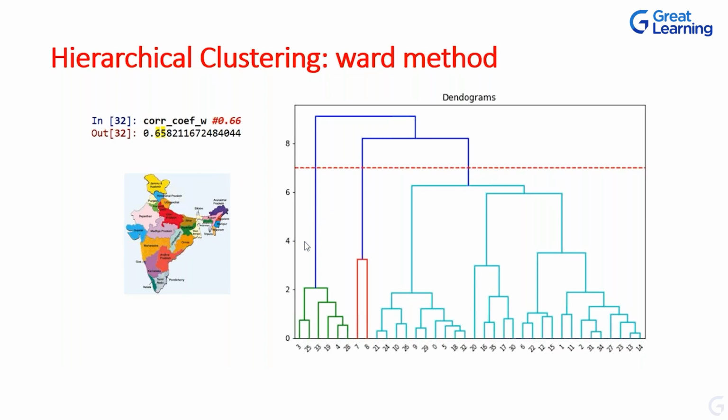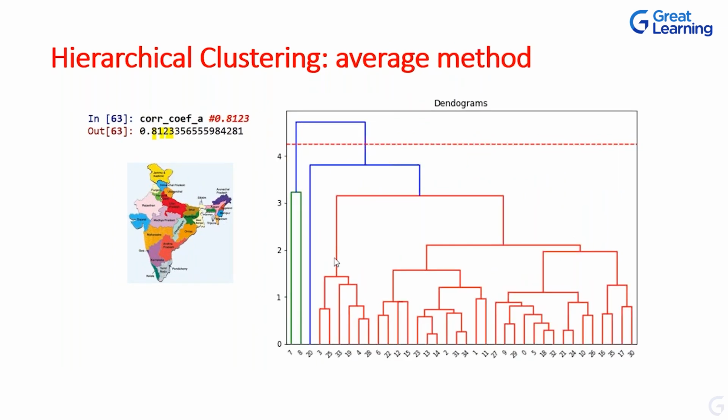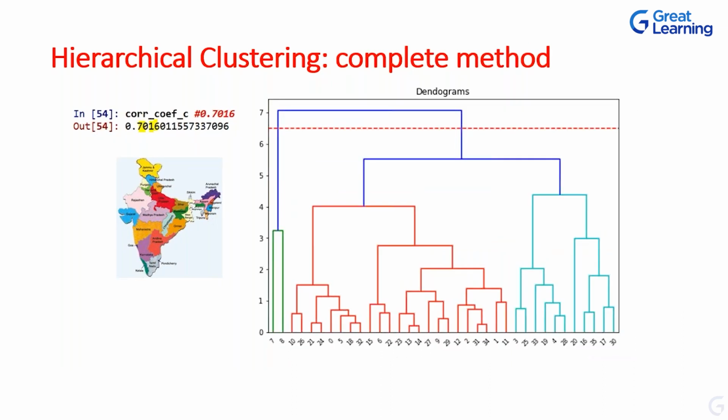I will go for K-means by looking at all these. But we will offer these 3 clusterings, particularly this, by complete method with 0.71 cophenetic correlation.